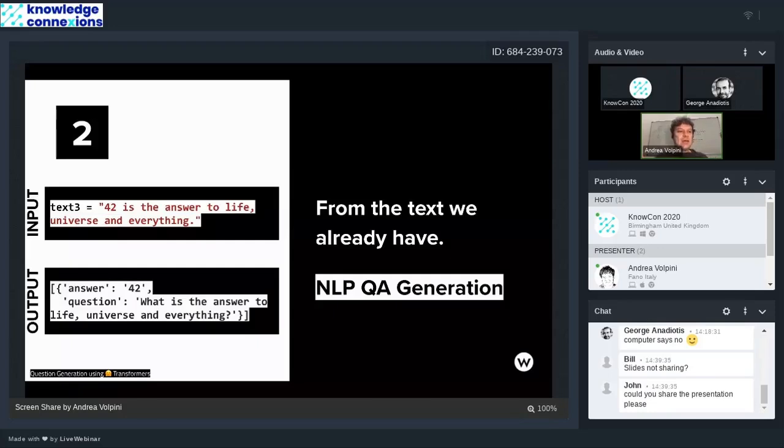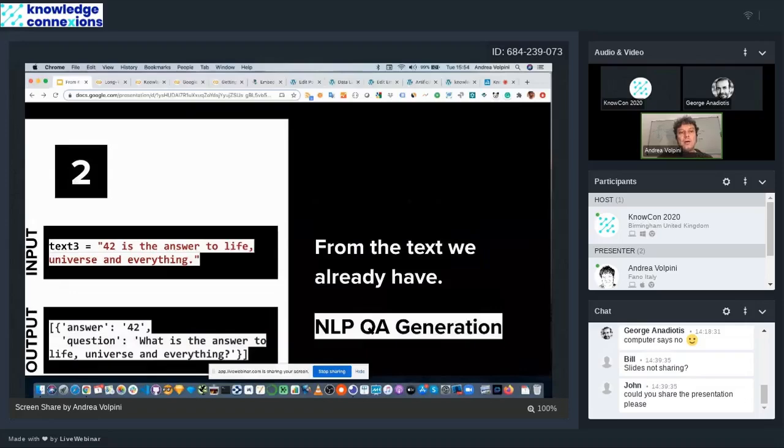In this case, the context is that 42 is the answer to life, the universe, and everything. And of course, all the nerds will know what this is. And you see that the output is a combination of the answer and the question. So here we are generating the question along with the answer from our text.